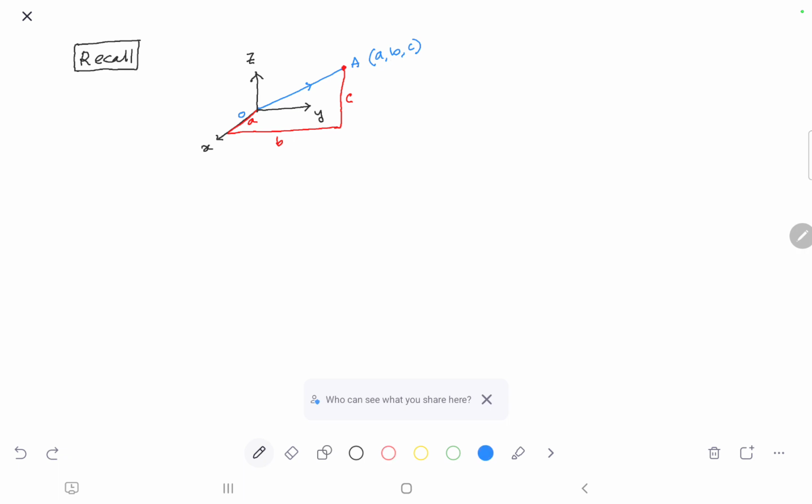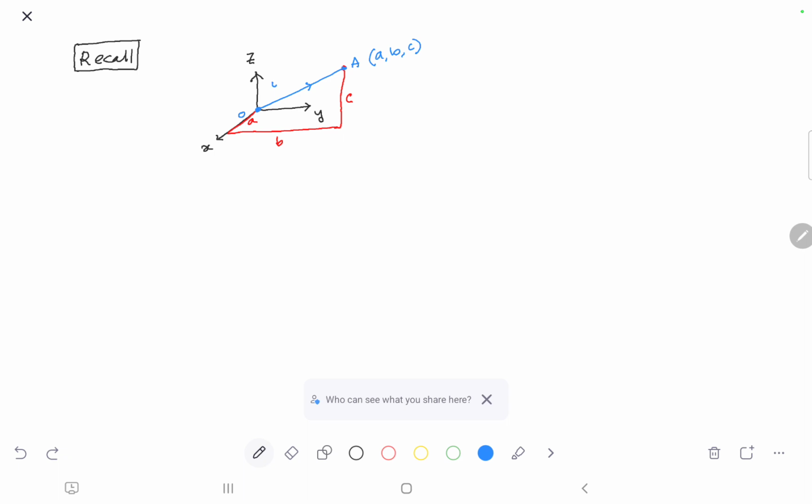Now the other way of thinking of the point is as a vector, where the terminal point will be the point A. From the point O up to A, we have a directed line segment. That concept is called the vector concept.